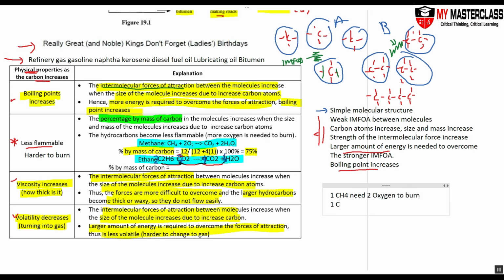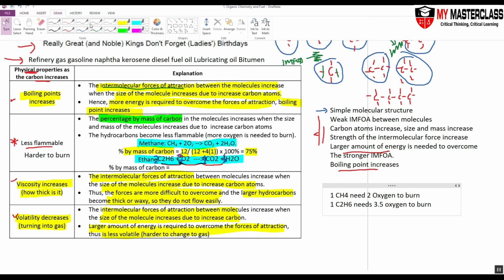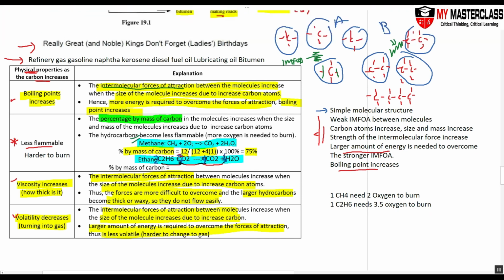And then 1 C2H6 needs how many oxygen? 7 over 2 oxygen, so in fact it needs 3.5 oxygen, because in my balanced equation it is a 2:7 ratio, so if I have 1 ethane, I should have 3.5 oxygen. So which is easier to burn, the one that needs 2 oxygen or the one that needs 3.5 oxygen? Of course, it is methane. Methane is easier to burn, but why is it easier to burn?